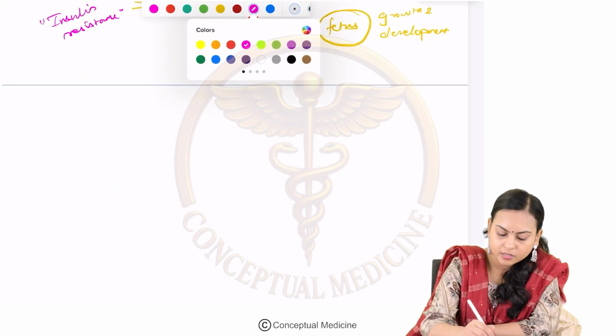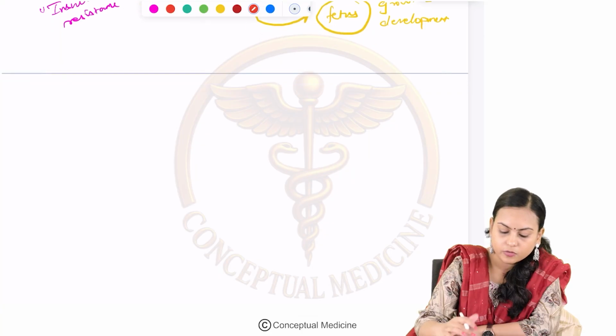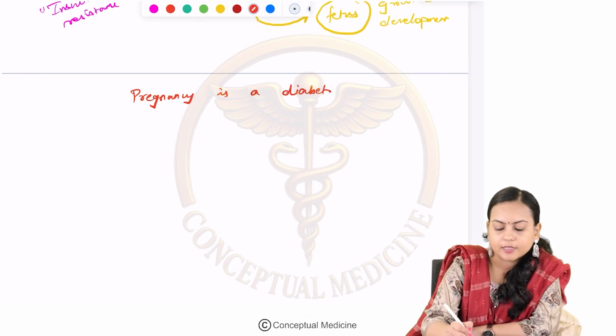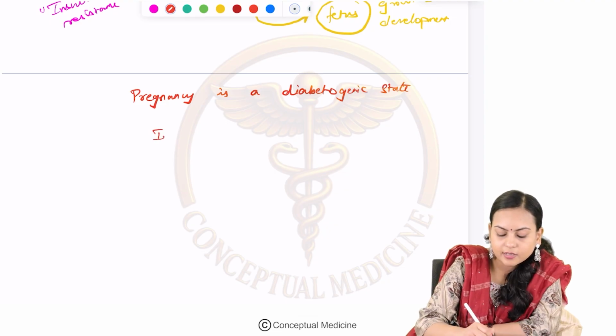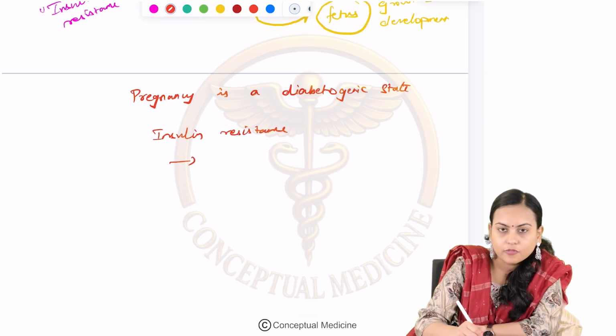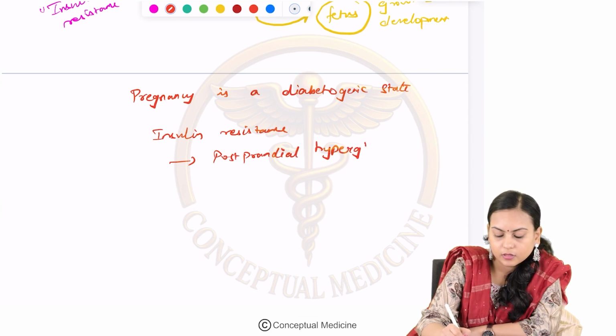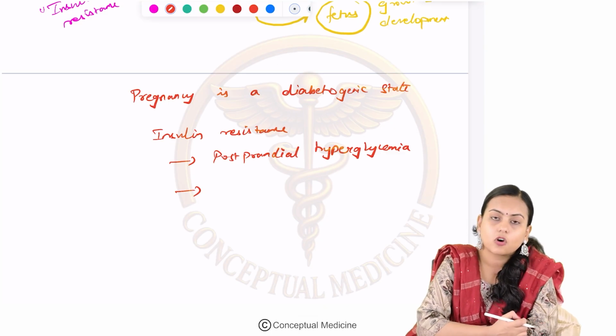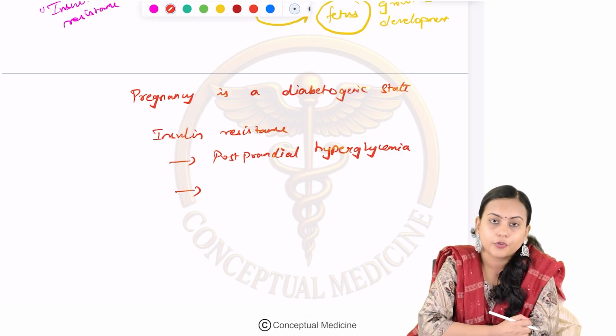Now what happens is, we all know that normally pregnancy is a diabetogenic state, right? Since there is insulin resistance, there is a state of postprandial hyperglycemia, and even when the mother is fasting, this carbohydrate extraction by the fetus is not going to stop.